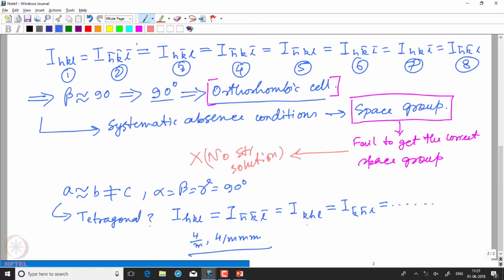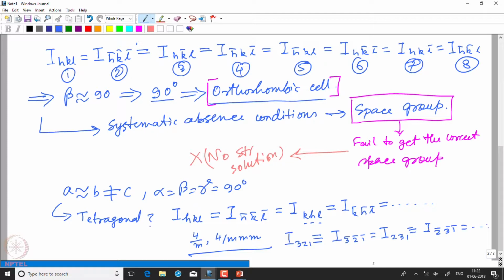See here what I have written, K H L, what does it mean? Suppose I am talking about a reflection I 3 2 1, which should be equivalent to I 3 bar 2 bar 1 bar, which is its Friedel opposite, then it should be equivalent to I 2 3 1, that means A and B interchanged, and the corresponding Friedel opposite I 2 bar 3 bar 1 bar, and so on.